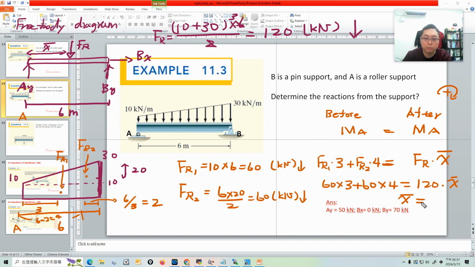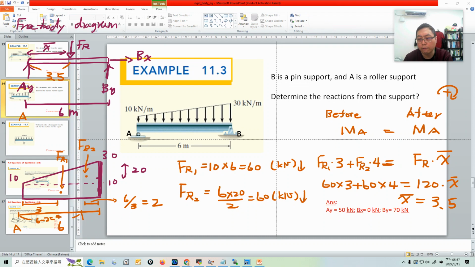So we finally get the position of the resultant force, 3.5. Then we can determine the reactions from the support using the rigid body equations. But before that I need to clean this up.